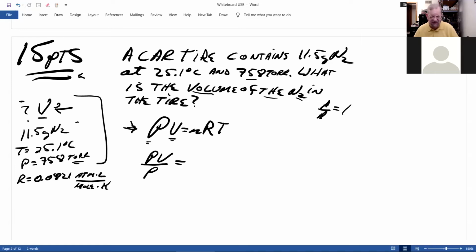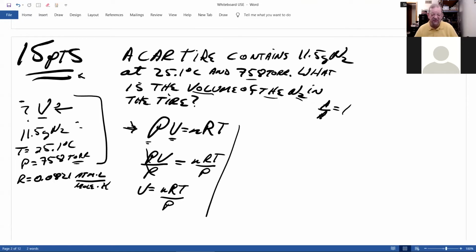Whatever I do to one side, I have to do to the other. So V equals nRT divided by P, with n in moles, R the universal gas law constant, T temperature in Kelvin, and P pressure in atmospheres.